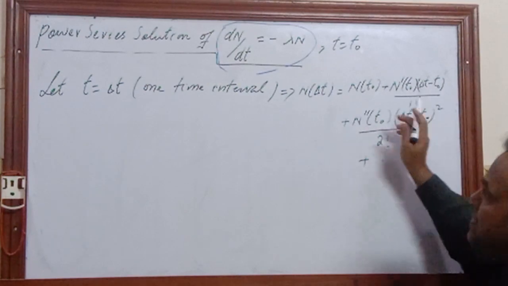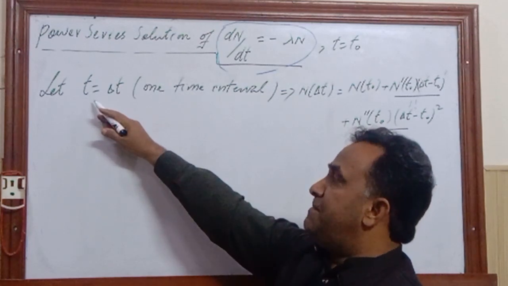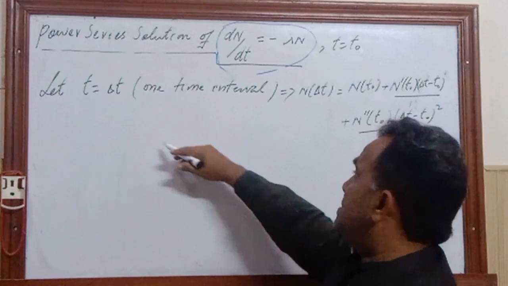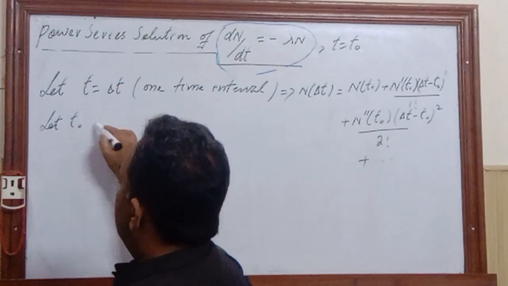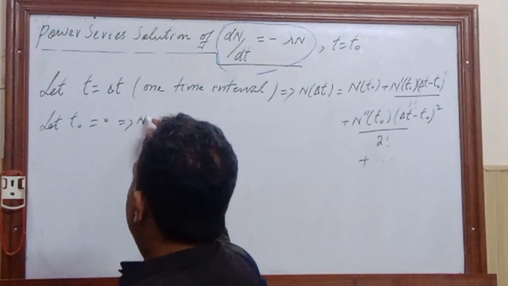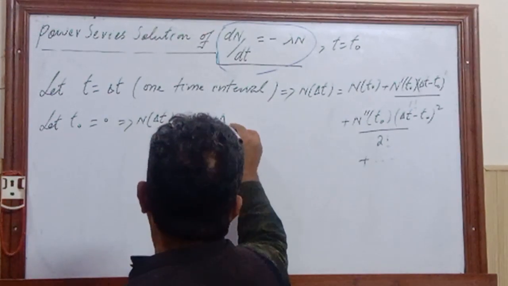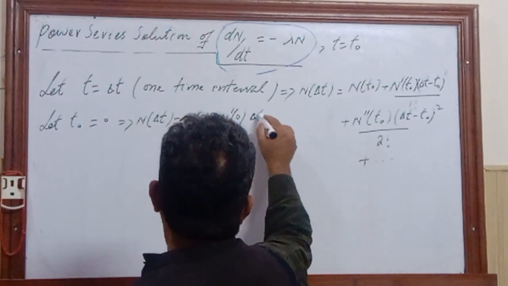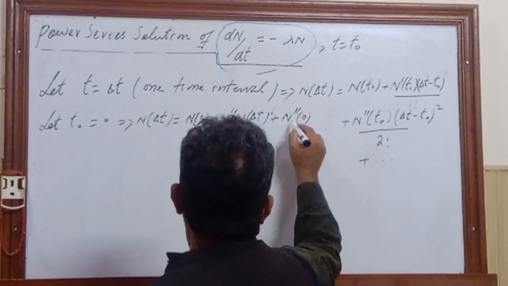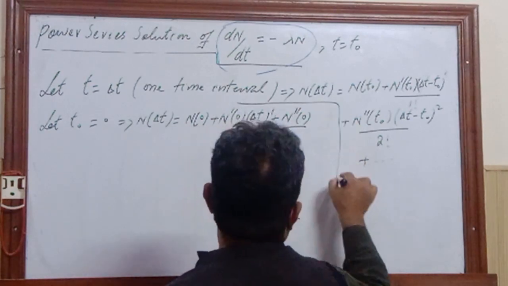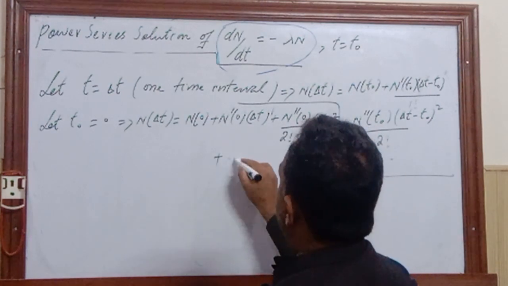Let t0 be 0. That means N of delta t will be equal to N of 0 plus N dash of 0 times delta t to the power 1 plus N double dash of 0 over 2 factorial times delta t to the power 2 plus so on, right?